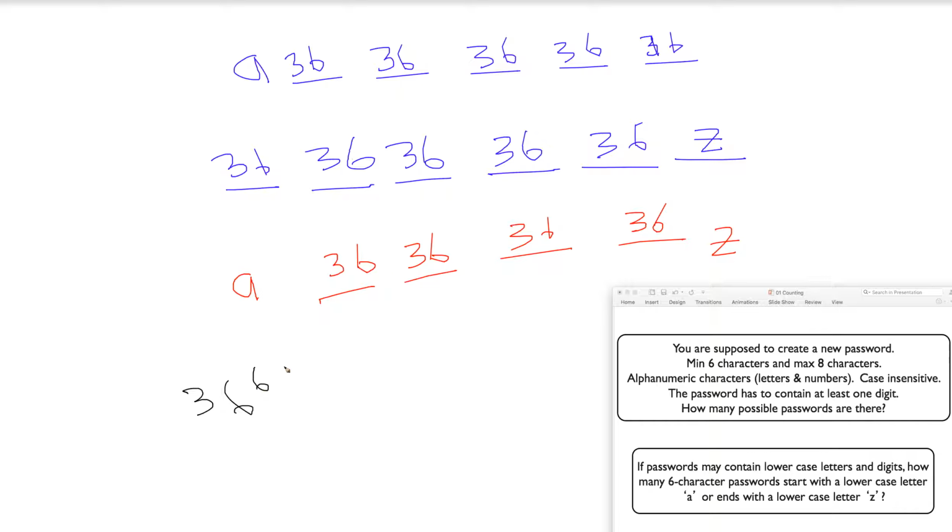I'm sorry, not 6. 36 to the power 5, which is coming from the first row, plus 36 to the power 5, which is coming from the second row. This is the password that ends with Z. And then we're going to be removing the ones that are double counted, which is 36 to the power of 4. Alright, so this is the answer.